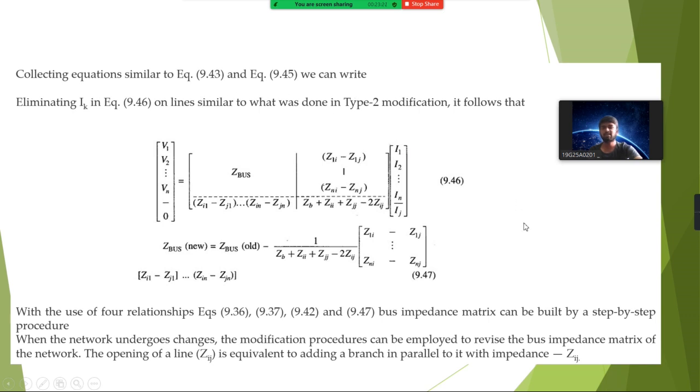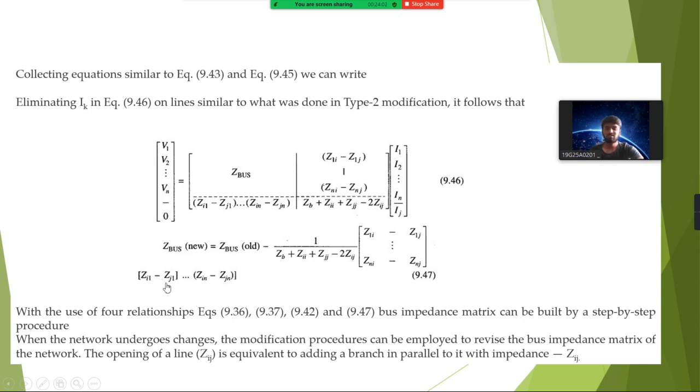and collecting these equations, similarly the above two equations we can write by eliminating Ik in equations 9.4 and 9.7, similar to what was done in the type 2 modification. We will do the same modification in this matrix also, and we will get the final Z bus matrix like this. The Z bus new is equal to the old Z bus minus 1 by Zb plus Zii plus Zjj minus 2 Zij, and we will get the new Z bus like this.